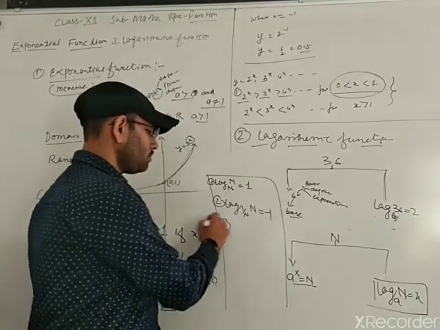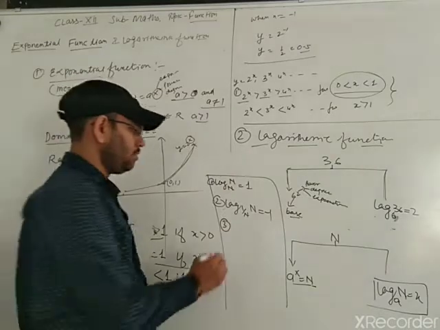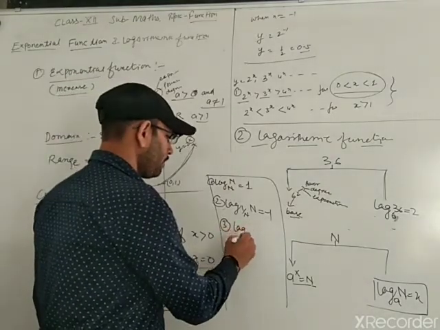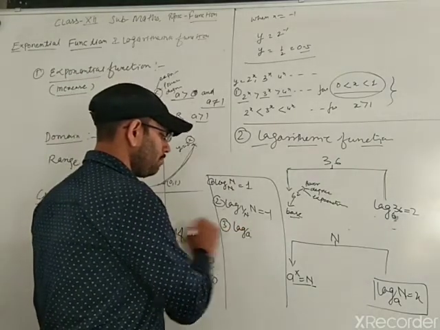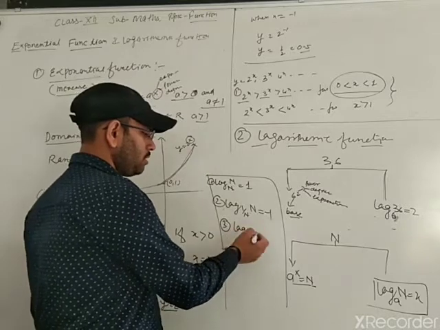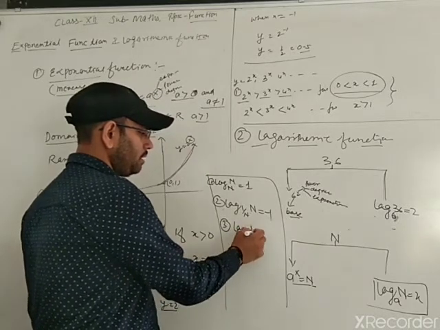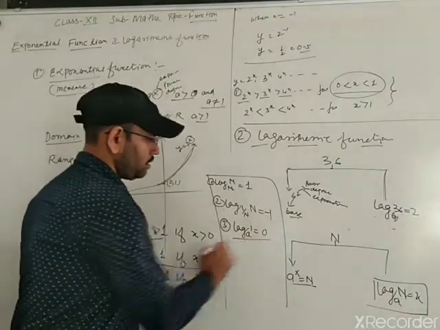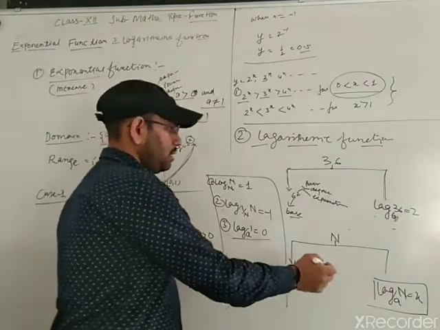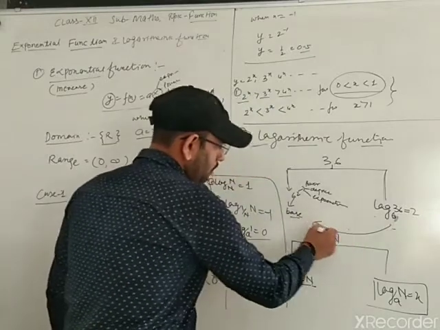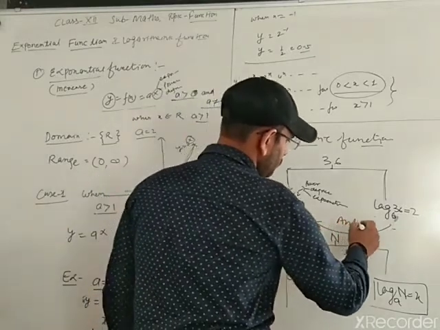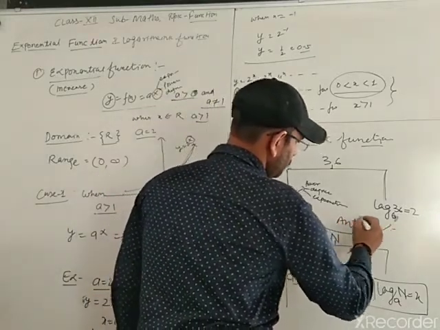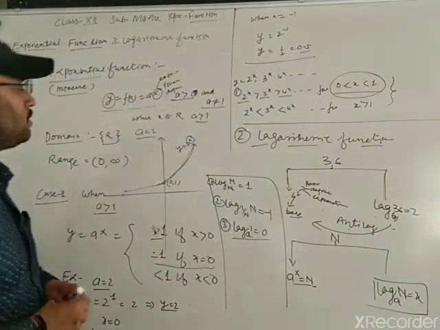Third, if we have a log and the argument is 1, the log of 1 with any base is 0. Clear? This is the anti-log. Clear? This is the exponential function.